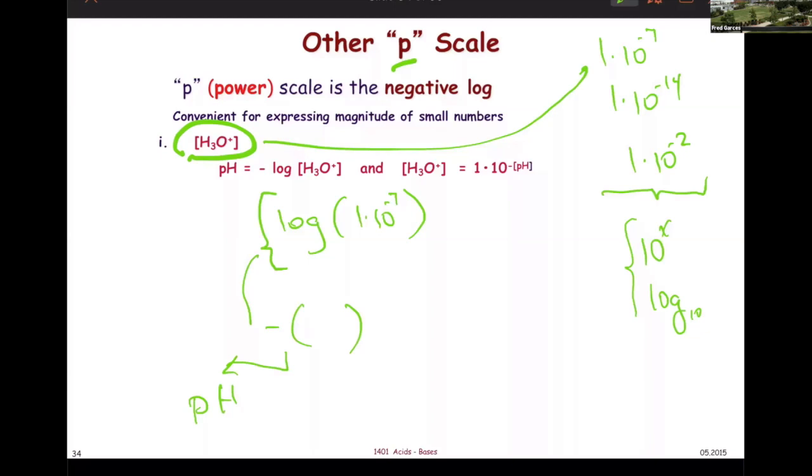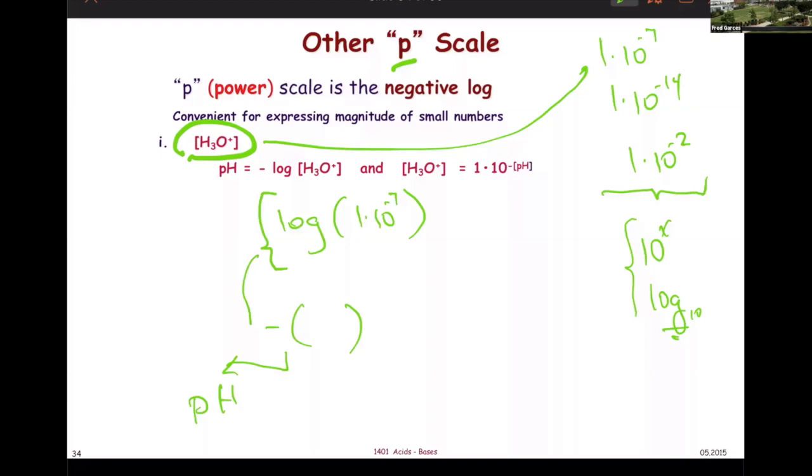Okay, so you need to take a concentration, take the log base 10 in your calculator. That means you are going to have to learn how to use your calculator and take the negative of that answer. And I'll show you how that works shortly here.